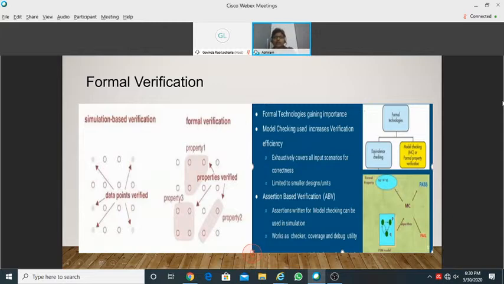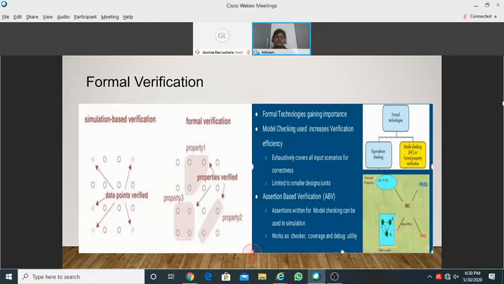Formal has been there for more than 10 years now. It has gained a lot of importance because it is a kind of mathematical modeling. The models which the tool uses are mostly algorithmic based.